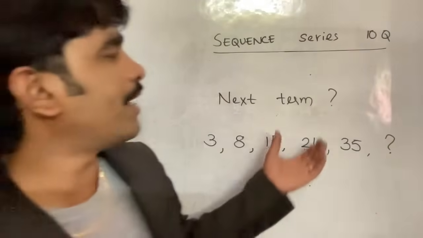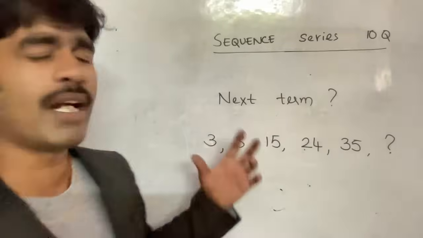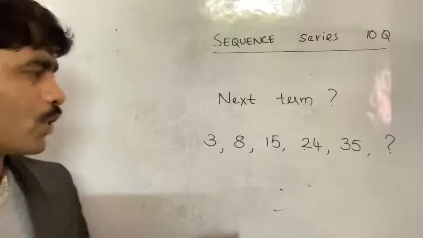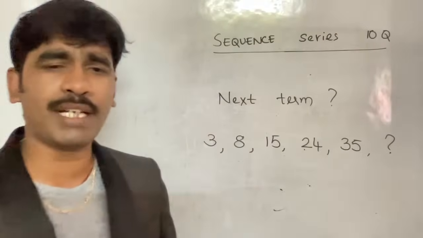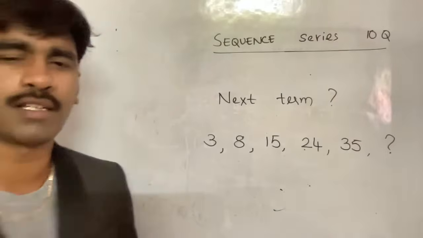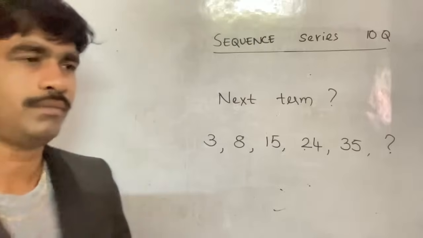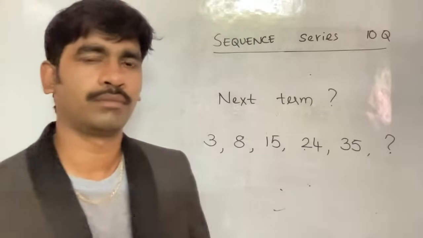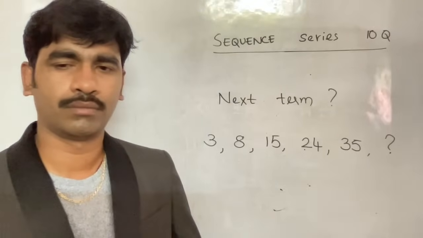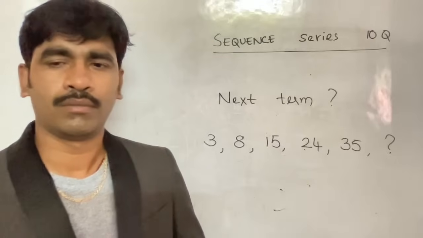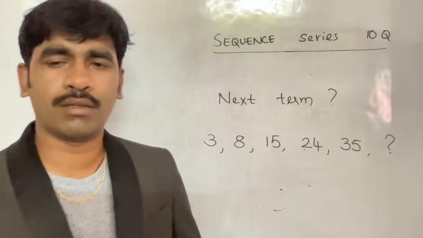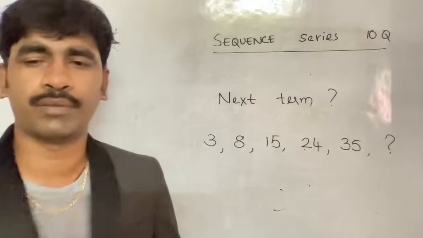Observe, we are going to have questions based on next term and missing term. I'm projecting a question based on the next term. Please observe the question. What is the answer choice? Very good, Shiva. Shiva is saying 48.